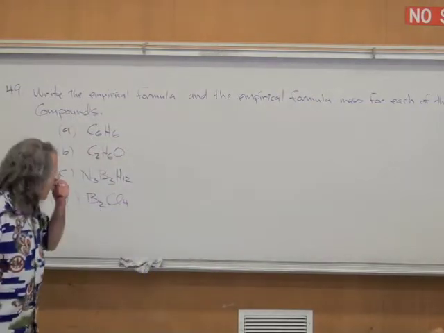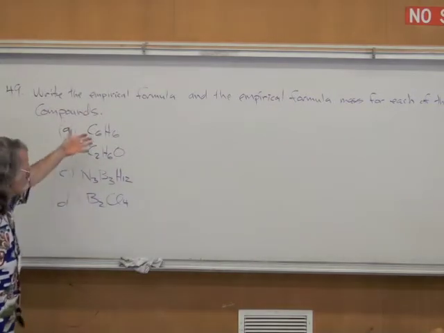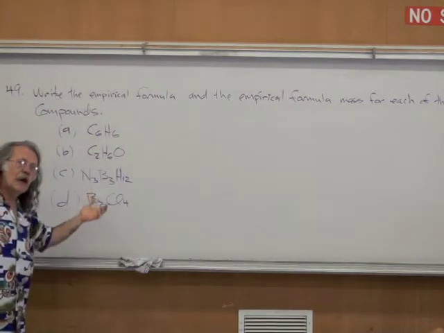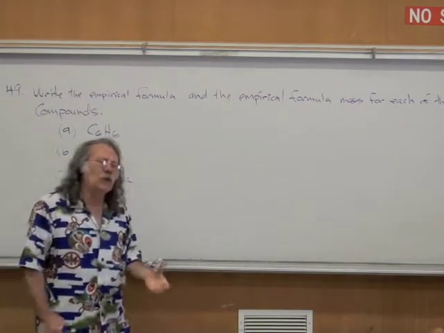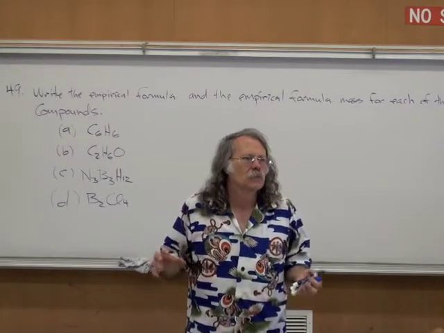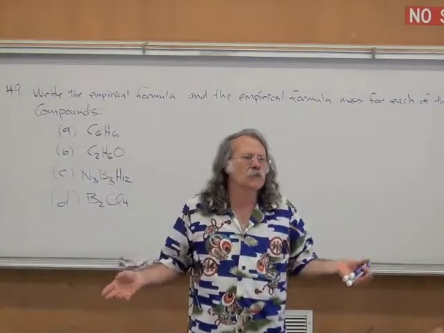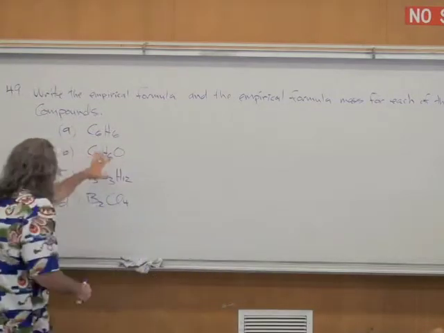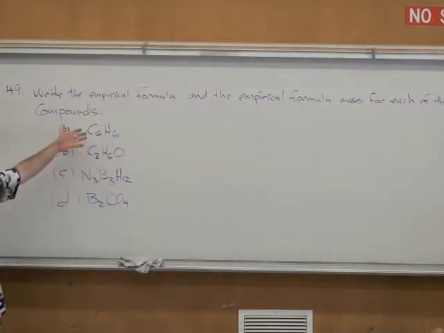And because a formula is not going to contain any fractions in it. And the reason for that being is because I can't cut a molecule in half. I can't have a half of an oxygen atom. It'd be a different element. Okay? So it has to be some sort of whole number ratio of elements. So all I have to do is look for the lowest common denominator.